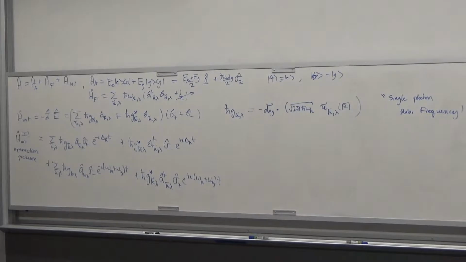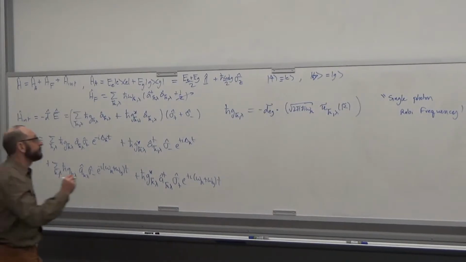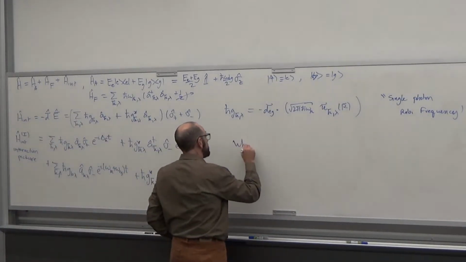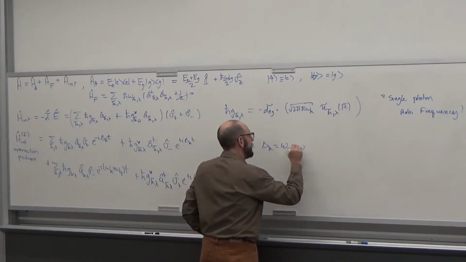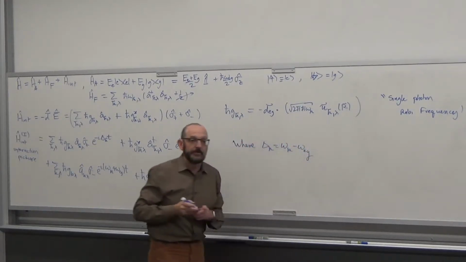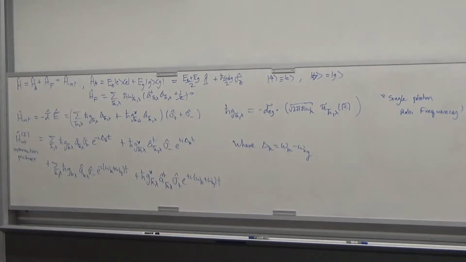So that's going to the interaction picture and then multiplying out these 4 terms. Okay? Where delta is the difference between that frequency and the resonance frequency. Frequency of the photon minus the resonance frequency of the atom.